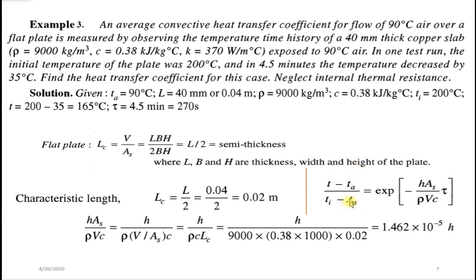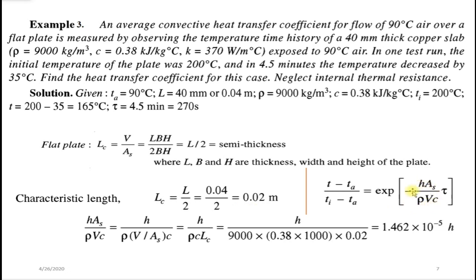We have to find h. Remaining all the values we have: T value we have, TA value we have, TI value we have, then e power AS by V, which is nothing but 1 by LC. You see, V by AS is LC, so AS by V is 1 by LC value. We have LC, and time t also we have. Rho value we have, then specific heat C value we have.